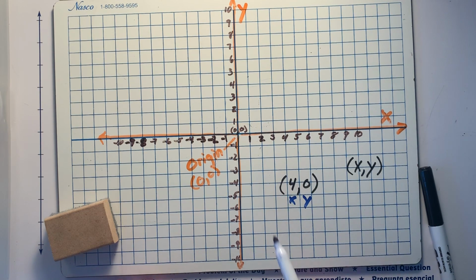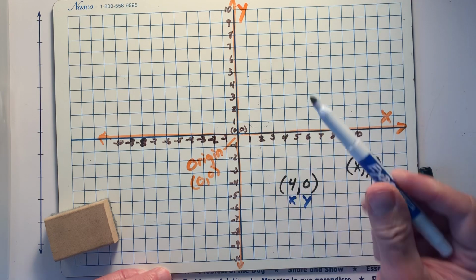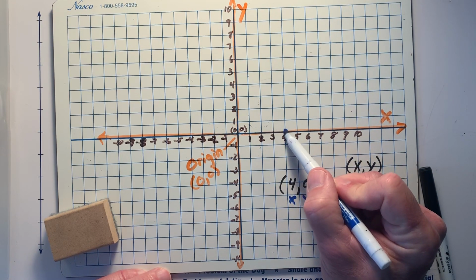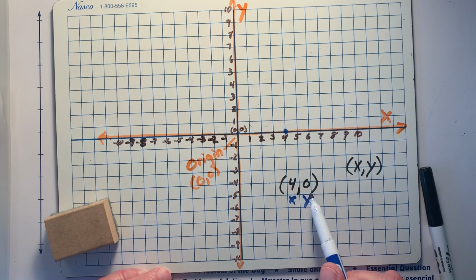Now this is the tricky part. We're going to count over 4, 1, 2, 3, 4, and we're going to go up or down 0. Oh, so we're going to put our dot right there on the x-axis. Now I know you're thinking, Mr. Warner, the 0 is on the y.